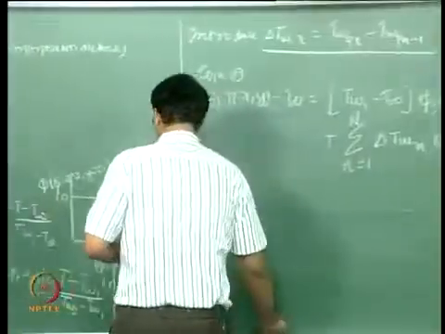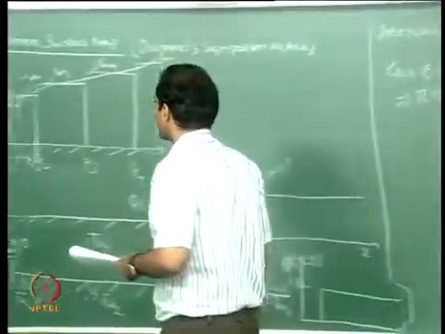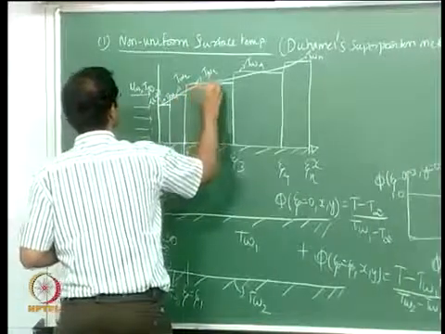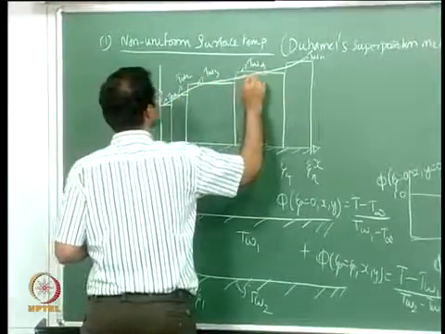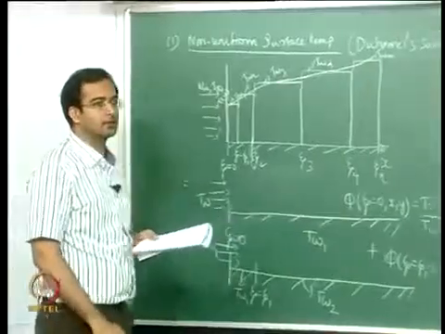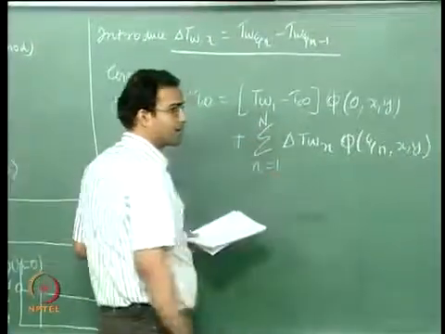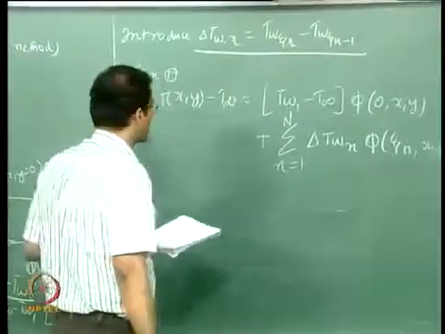So if the temperature variation is not a piecewise constant but actually is something like this, which you have approximated as a piecewise constant, now I am going to convert this discrete summation into a continuous integral. That is all I need to do.